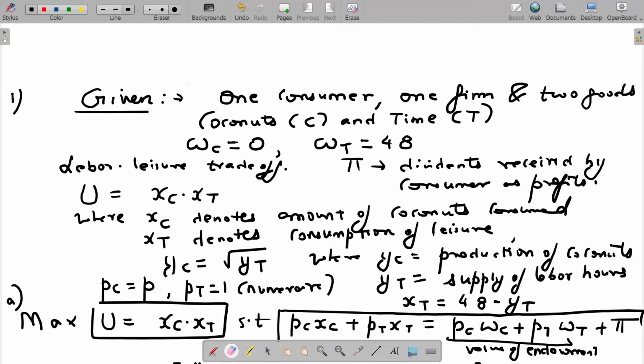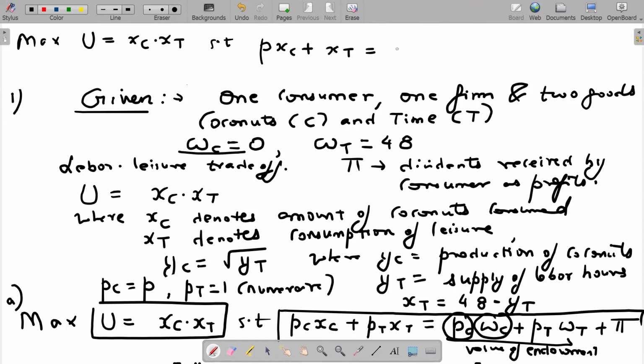And I can write that therefore the objective is maximize utility, which is XC times XT, subject to PC is P times XC plus PT is 1 times XT equals PC is P, so P into omega C. Omega C is 0, so P into 0 is 0.